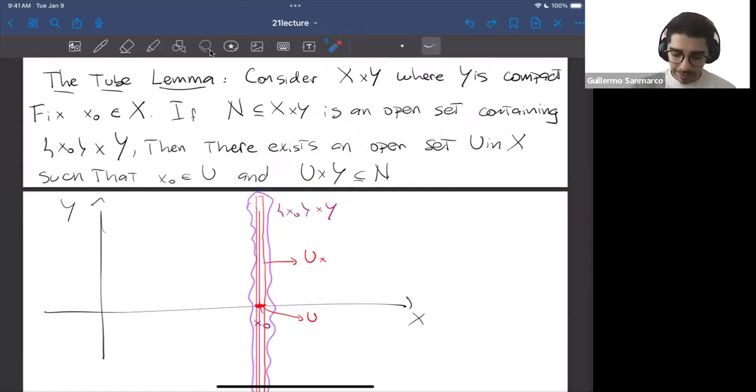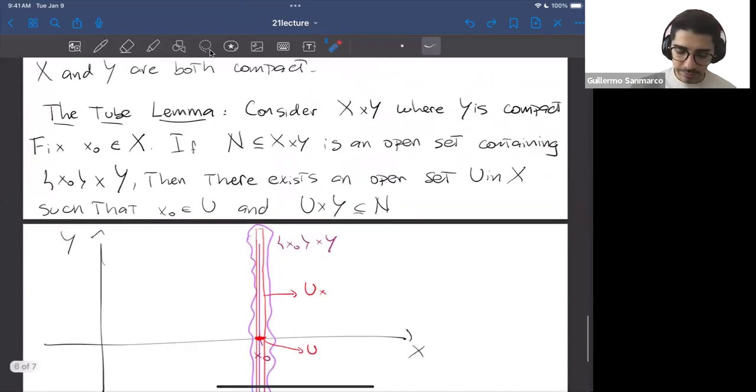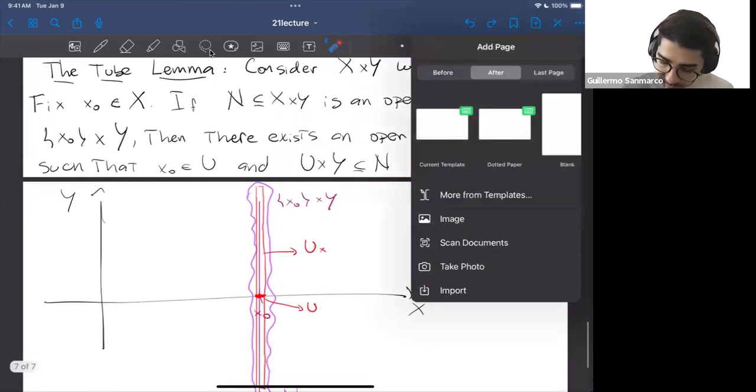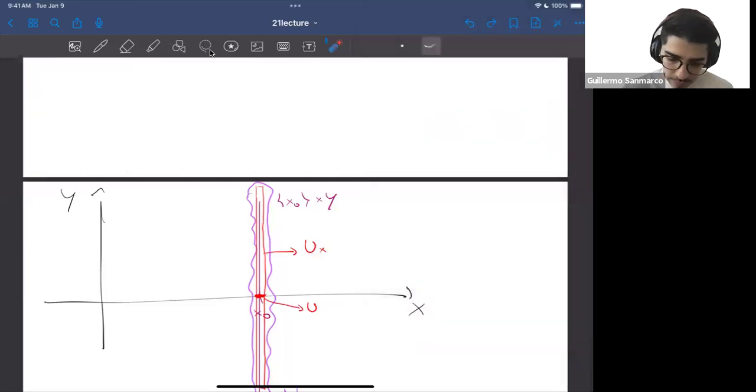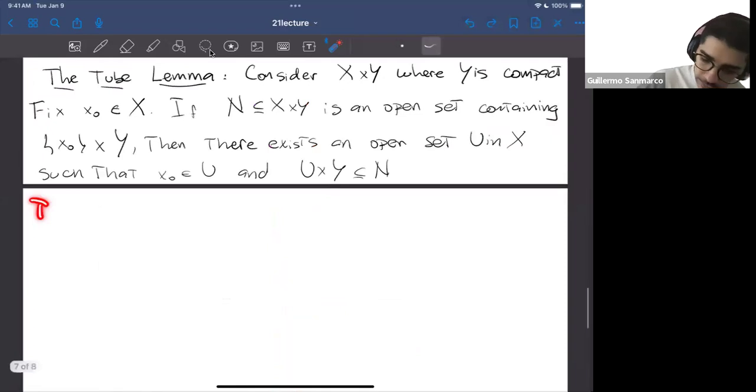Okay, so now let's just prove the theorem, the tube lemma. Of course, the crucial thing here will be that our Y is compact.